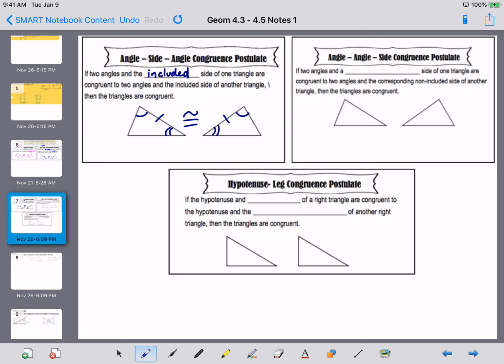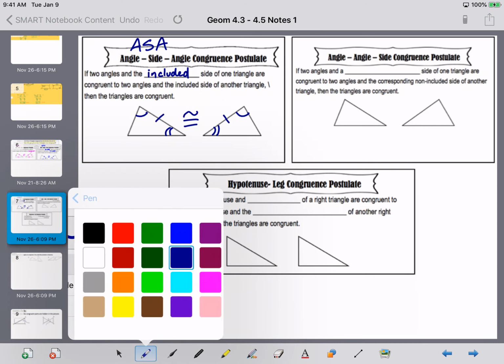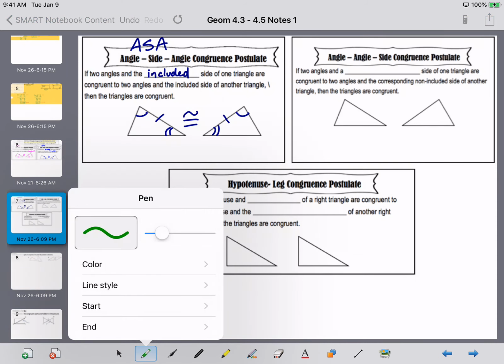And we don't want to write out angle side angle, so we use ASA. All right, moving right along here.